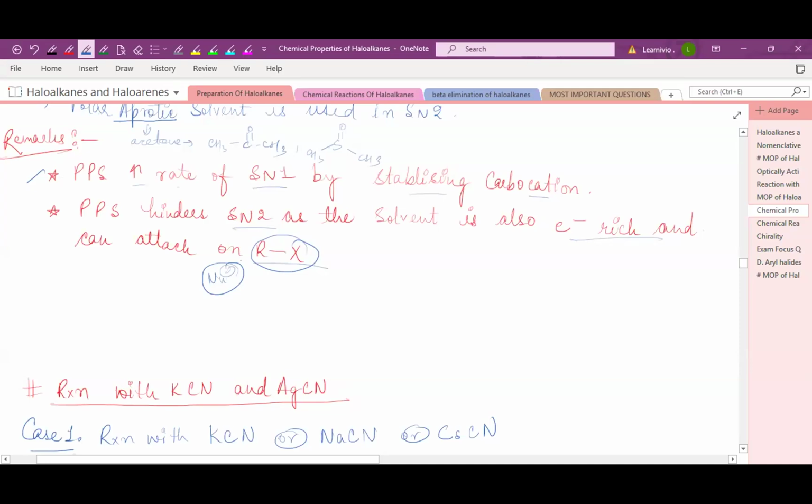So it will hinder the attack of the nucleophile. It doesn't let the nucleophile attack, it attacks your substrate itself. That's why we don't use a polar protic solvent in SN2, but we use a polar protic solvent in the SN1 reaction to increase the rate of reaction by stabilizing the carbocation. Clear?